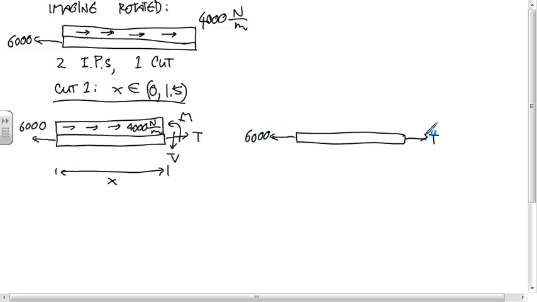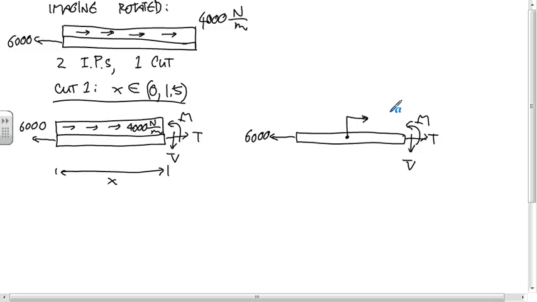The internal loads like this. And now we have a horizontal force pointing to the right, acting at the center of mass of the beam, and its magnitude is equal to 4,000 times x, right?